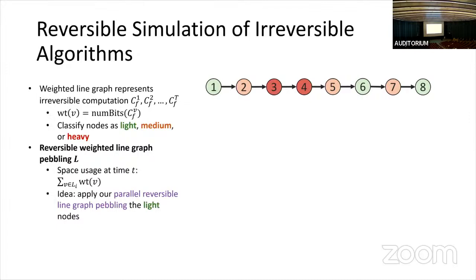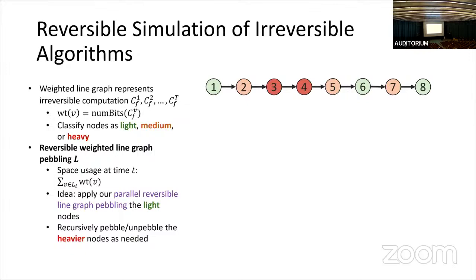What we do is we try to use our old strategy, the new parallel reversible line graph pebbling, but we only want to pebble the light nodes, say 1, 6, and 8, because if we keep pebbles on the heavy nodes, it's going to be expensive and it's going to blow up our amortized space-time complexity. Now, we can't just do that because indeed there are nodes in between.